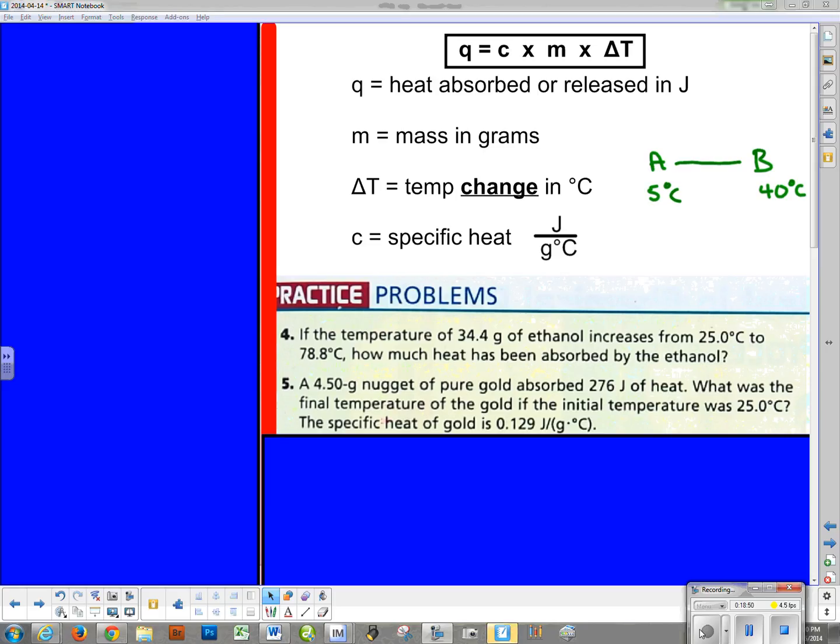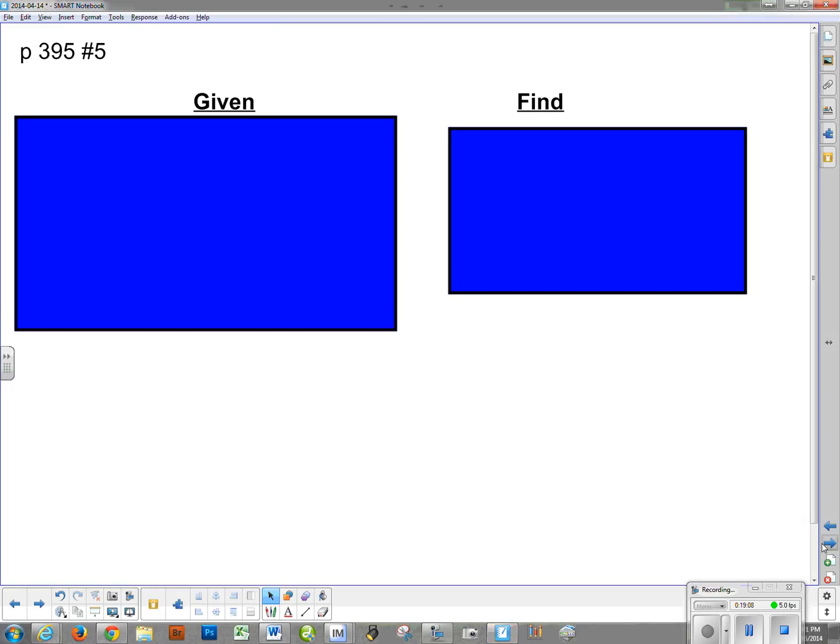So what are we going to do? Specific heat times mass times, well, you're not going to get temperature change. So we have to figure this out first. Let's go over here and figure this out. What is our formula? Q, which is what? Okay, that Q is J, joule. What's the next one?